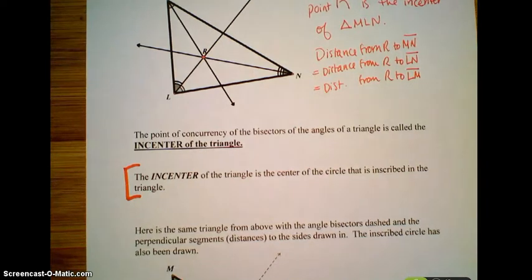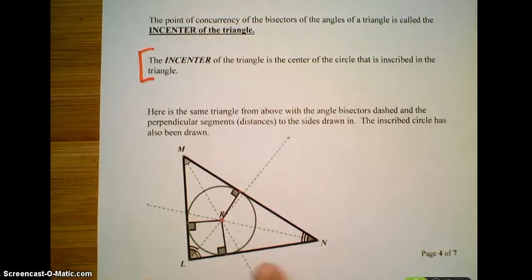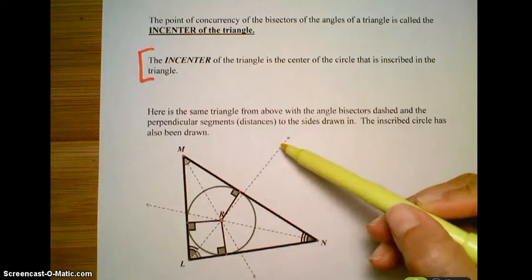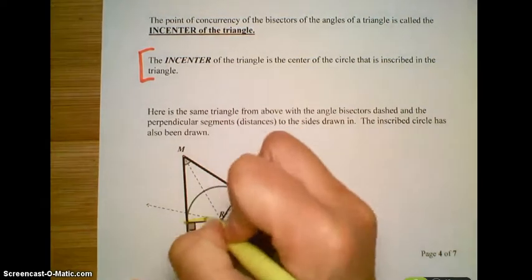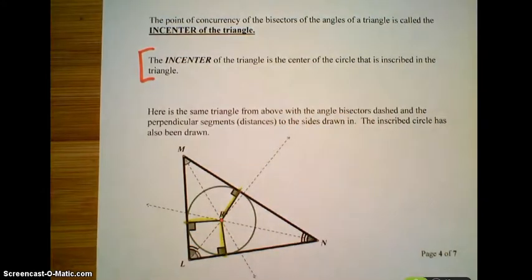In order to get the radius of that inscribed circle, you will end up having to construct these perpendicular segments. In the picture here, the angle bisectors are now these dashed lines, and these highlighted perpendicular segments are the distances from R to the sides, and each of them is a radius of the inscribed circle.